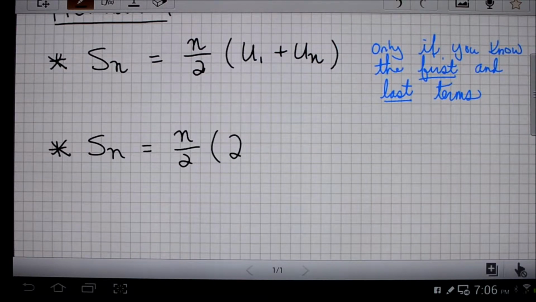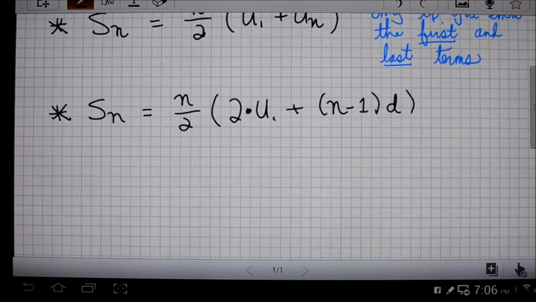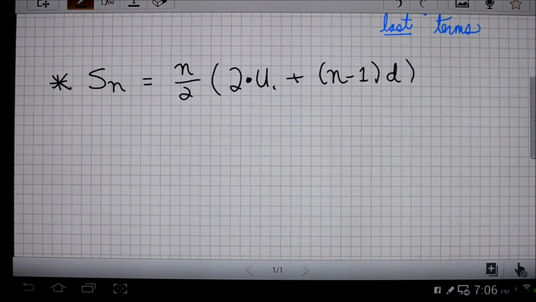It's 2 times the first term plus n minus 1. There's that n minus 1 again. Times the common difference. It's kind of annoying. And it gets even more annoying when n is an odd number, because you're going to have a decimal, and that's never fun. You'll see what I mean when we get there.